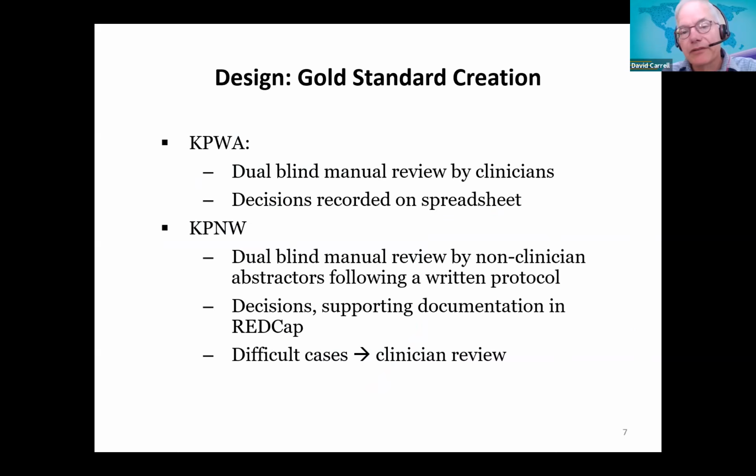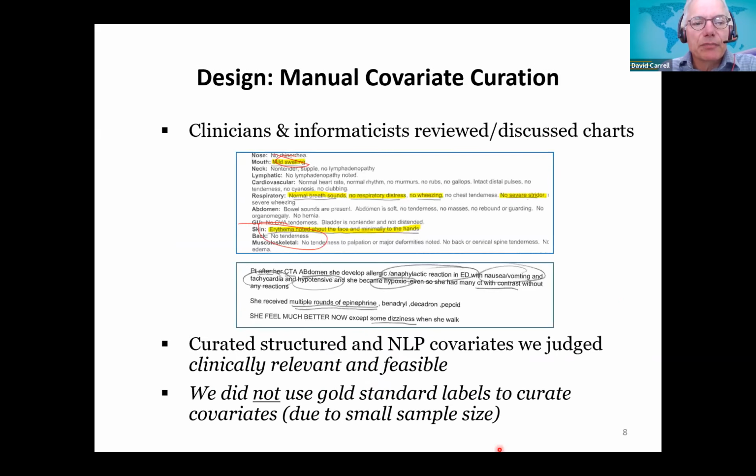Our gold standard was created by manual review at Washington by clinicians and at Northwest by chart abstractors overseen by clinicians. This manual process of developing the NLP system, which is similar to what Tahi was showing us in the most recent presentation, involved clinicians and informaticists reviewing charts.